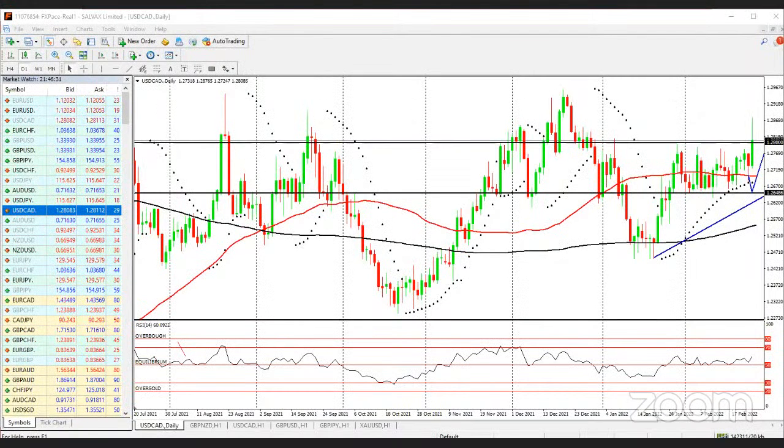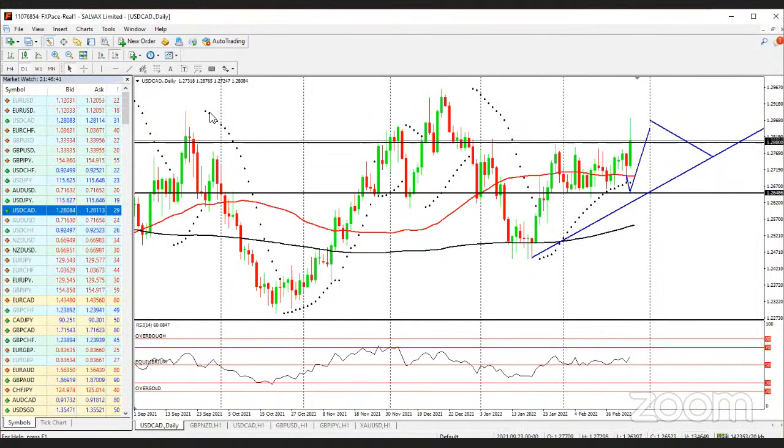Okay, so let me use the chart for an example. Okay, now this is USD CAD.